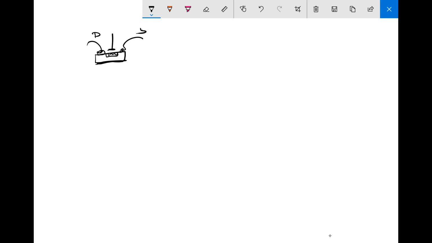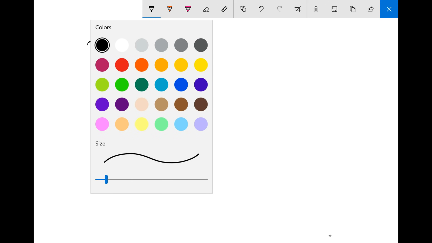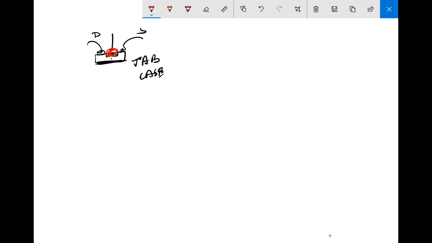Here's now the plate. This is the tab that you have at the bottom of the transistor. This is the case. And heat is generated here. Let me just emphasize, that's heat. And this heat has to move out somehow, because if not, the temperature will go up very high.